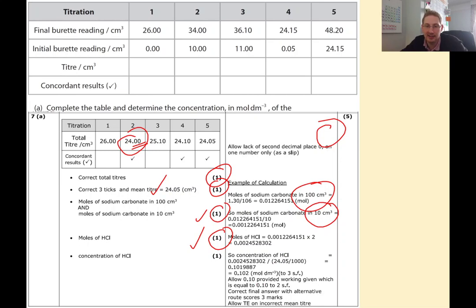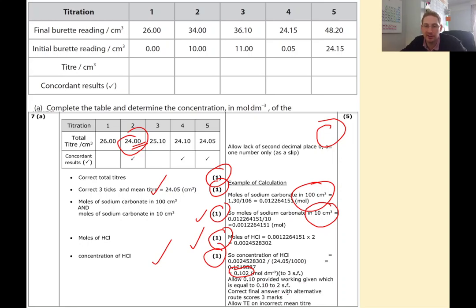And finally, therefore, concentration of hydrochloric acid using concentration is moles over volume to give you 0.102 moles per decimeter cubed. Allow 0.1, provided working given, does give that answer.